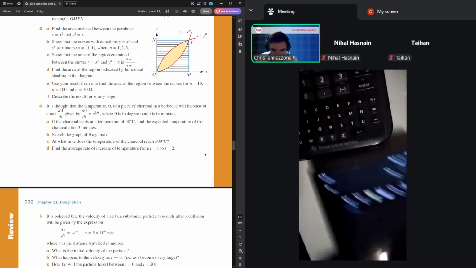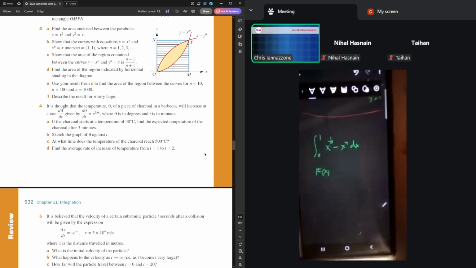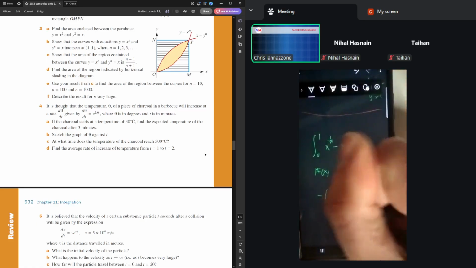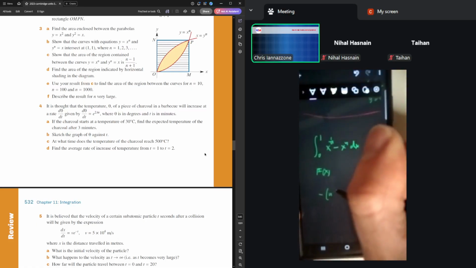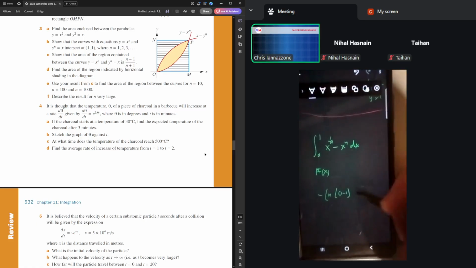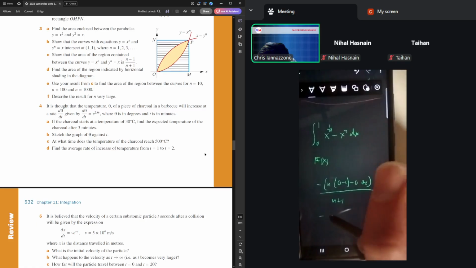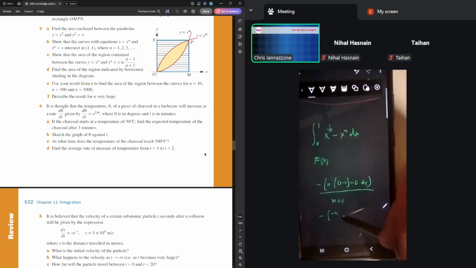Let me finish this off then. I don't really know why the CAS gave us that, but we have negative n times (0) minus (1) minus 0 plus 1 over n plus 1, which finally is going to get us negative n over n plus 1, plus 1 over n plus 1.